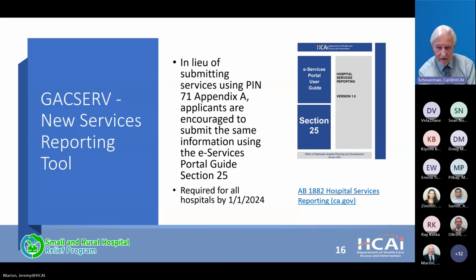So again, the link here will take you to that guide, and it would be better, quite frankly, to submit the GAC SERV application than to attach Appendix A now that we have this up and running, to avoid duplication of effort.